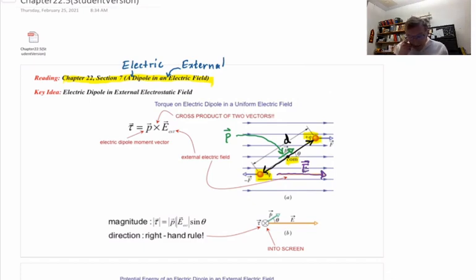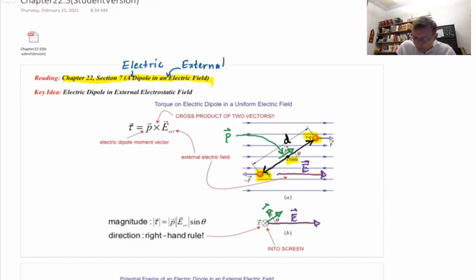And in fact, now they have a simplified picture right below, in which the two important vectors, the dipole moment, p, and the external electric field, E, are drawn with a common tail, tail to tail.